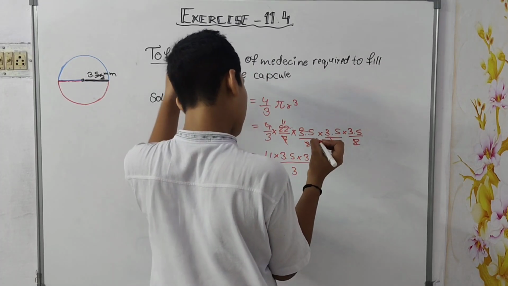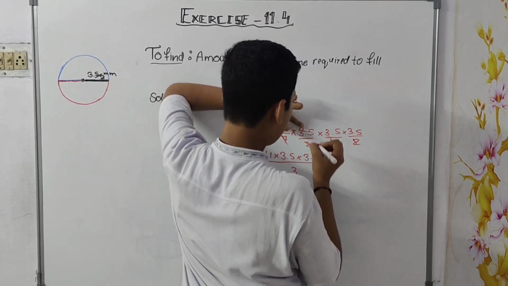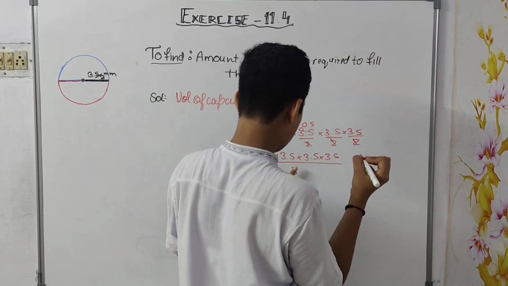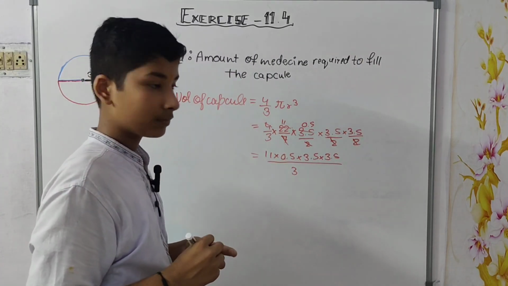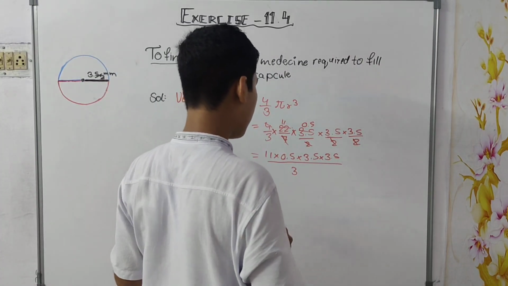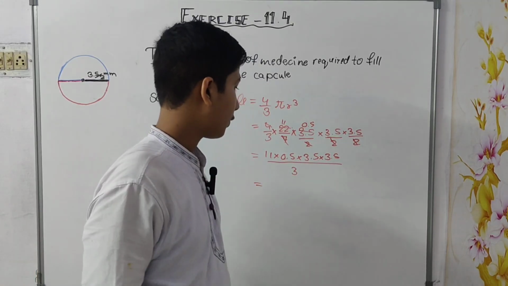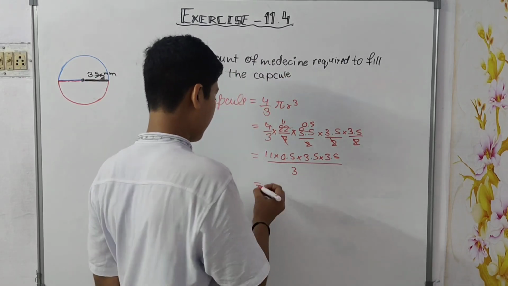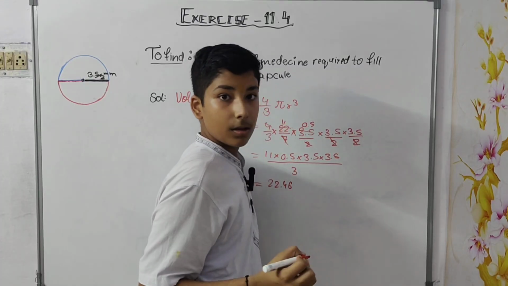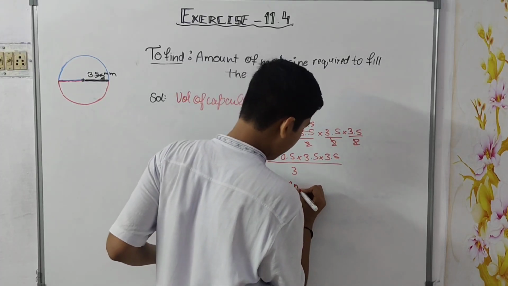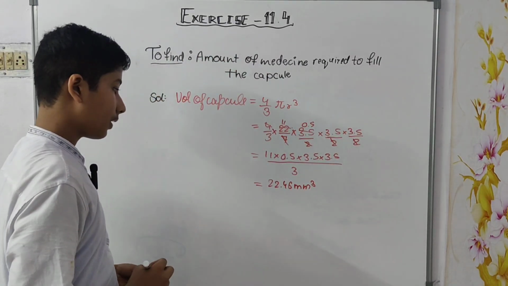Now the 7 will cancel with 3.5 giving 0.5. Now 3.5 into 11 into 0.5 into 3.5, we get the answer as 22.46 mm cube.